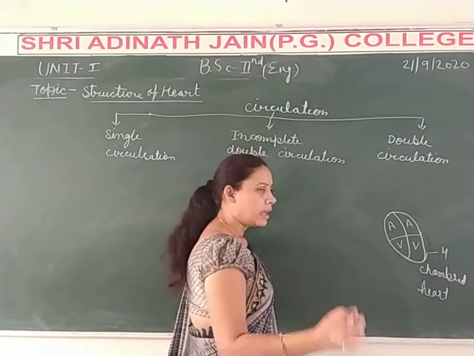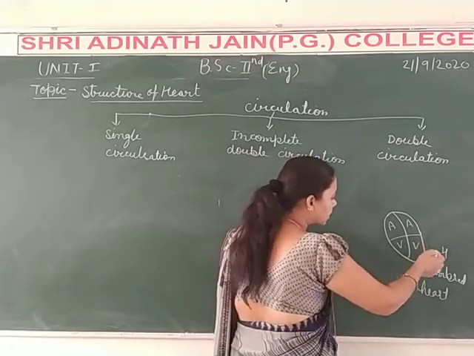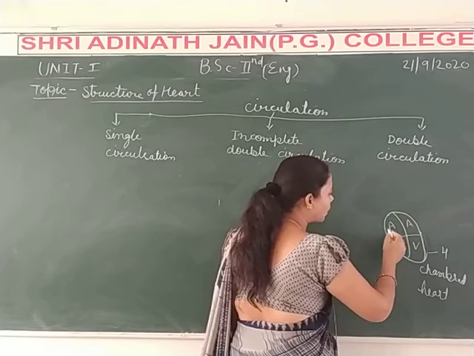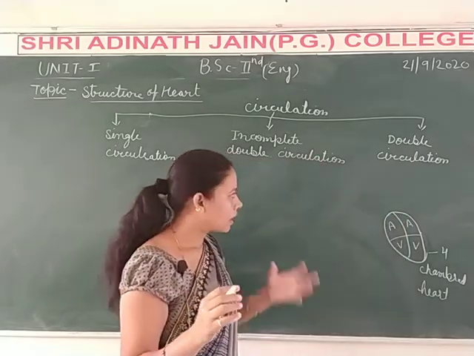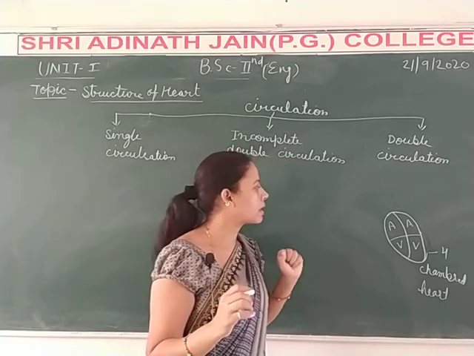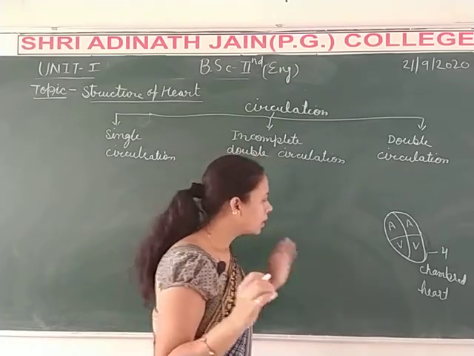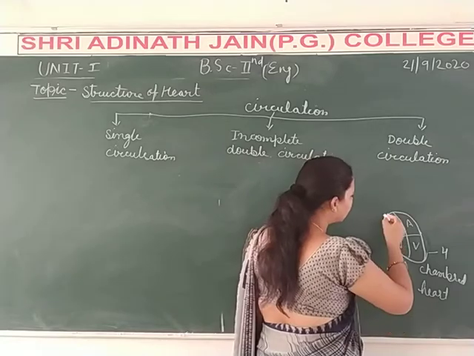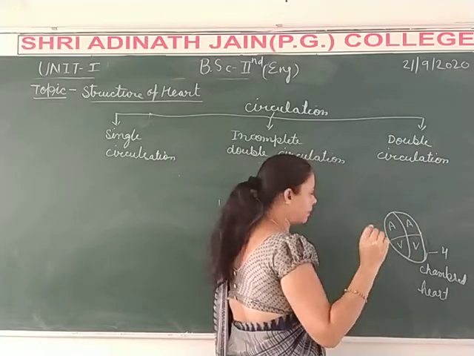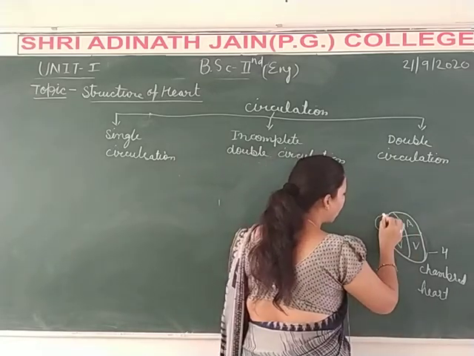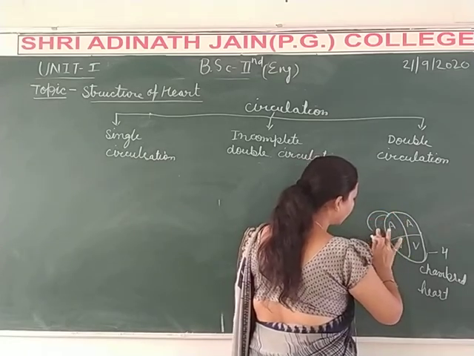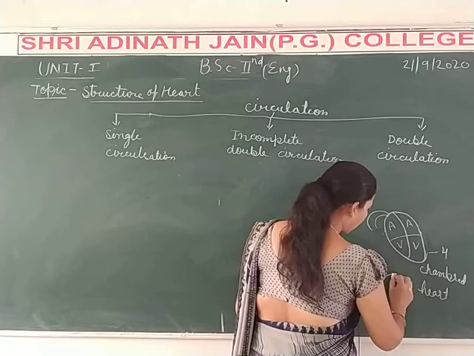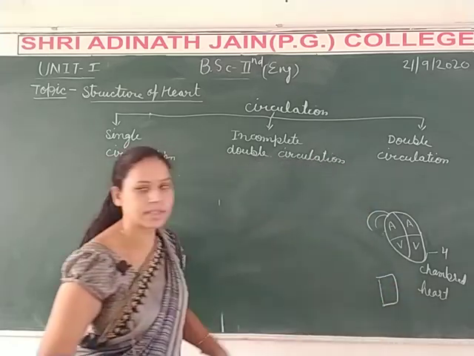And in these animals, first of all the deoxygenated blood, if we are talking about double circulation, that time in these animals all the blood from the organs is collected. Suppose this is the organ.